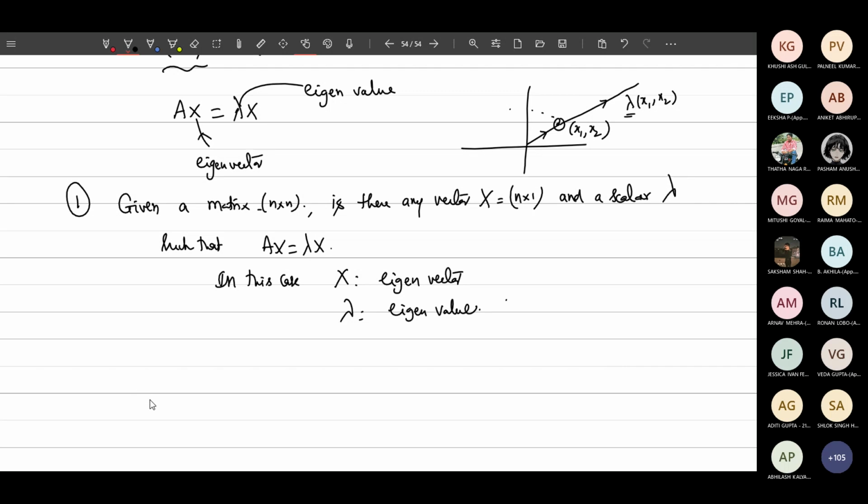So here, for example, lambda x, for any column vector x you take, I can always take as lambda times the identity matrix times x, right?